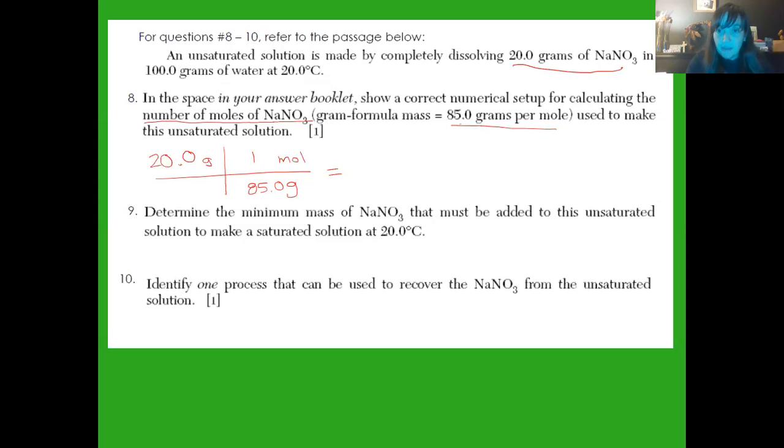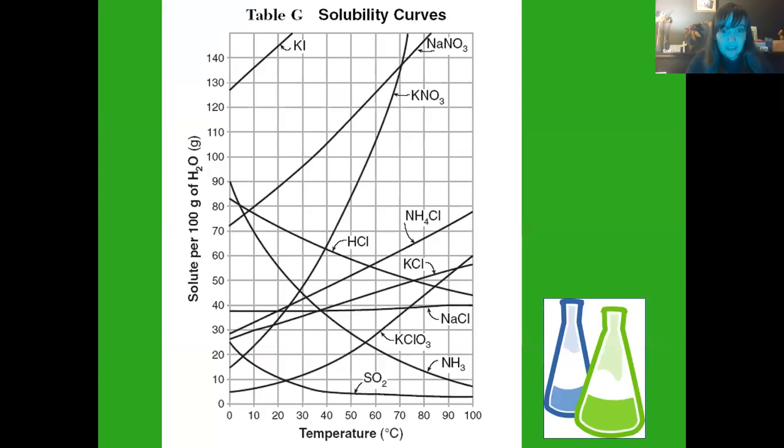So we've got 20 grams of NaNO3 at 20 degrees Celsius. So here's NaNO3. Here's, looks like that's 20 degrees Celsius. So to be saturated, we'd need, it looks like, about 88 grams.